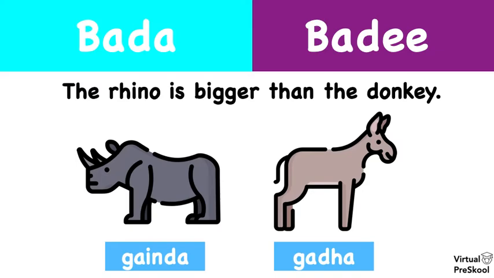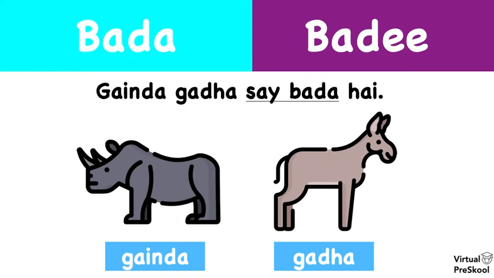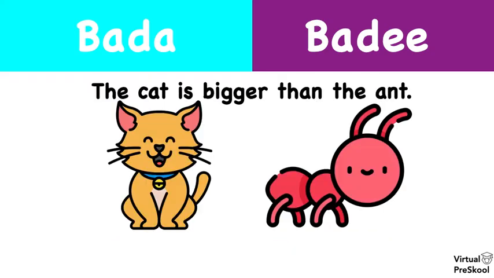Genda. So is genda bada or badi? It is bada. So put the sentence together. The rhino is bigger than the donkey. Genda gadha se bada hai.